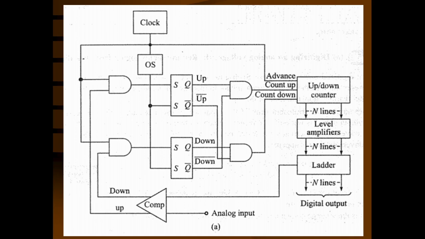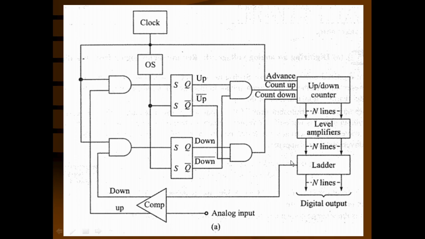But it is operating strictly in a binary sequence, remember. The output of the counter is a digital signal which is passed through the level amplifier, which will produce 1 or 0 depending upon the output of the counter. Exactly 1 corresponds to 10 volt and 0 corresponds to 0 volt, and this is provided by the level amplifier to the binary ladder network. So the binary ladder network converts this digital signal into an analog voltage, and it is continuously changing.